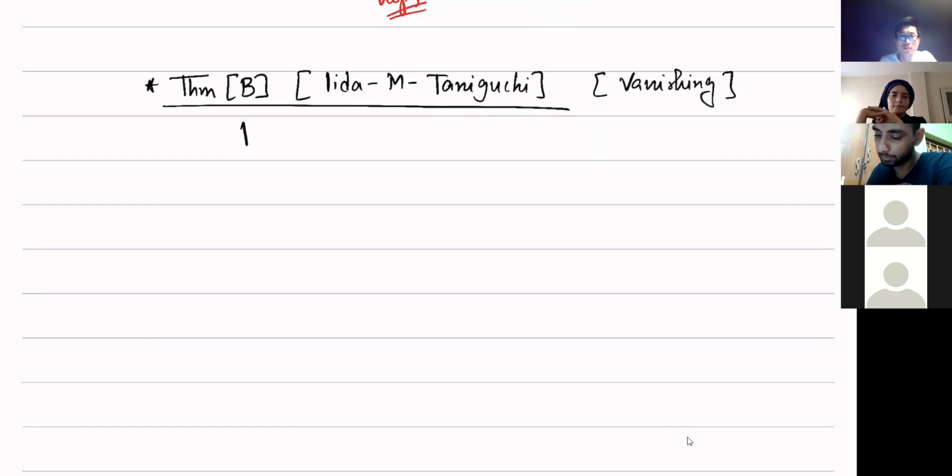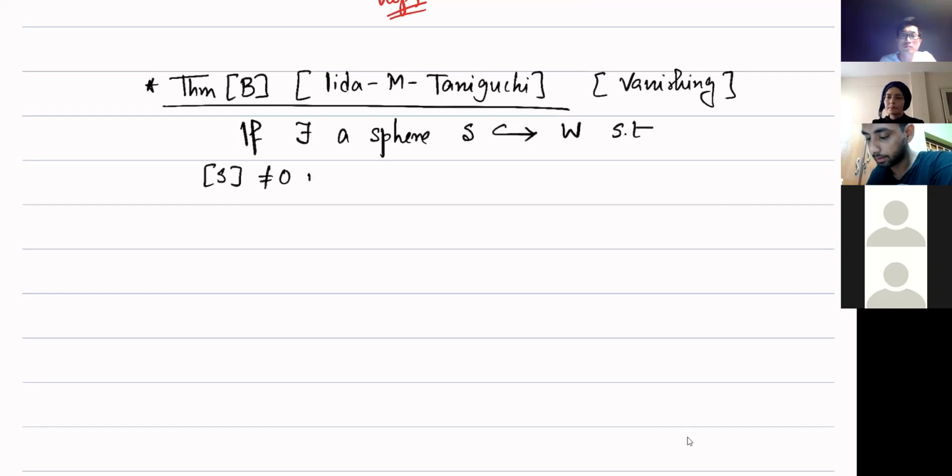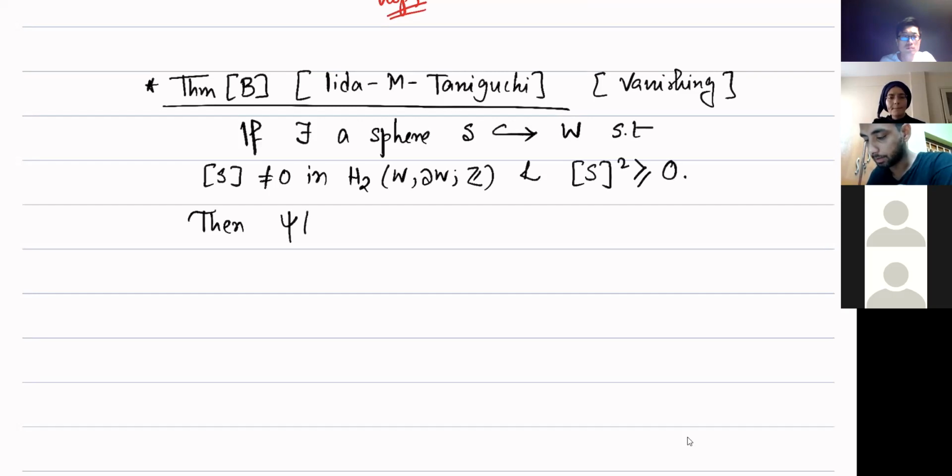If there exists a sphere S in W such that S is non-trivial in the relative homology with Z coefficients and the self-intersection number is bigger than or equal to 0, then psi of W is trivial.